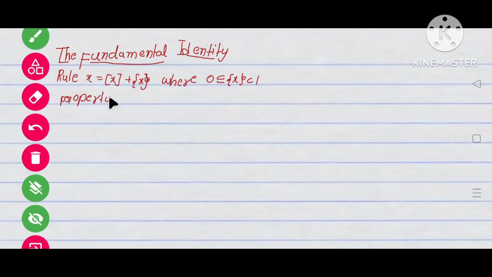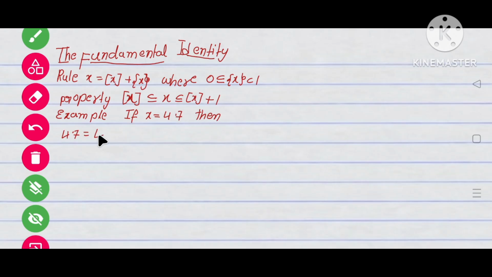So step x is less than or equal to x, which is less than step x plus 1. For example, x is equal to 4.7. Now 4.7 is written as step of 4.7 plus the fractional part of 4.7. So step of 4.7 is 4 and the fractional part of 4.7 is 0.7. So the value is 4.7.